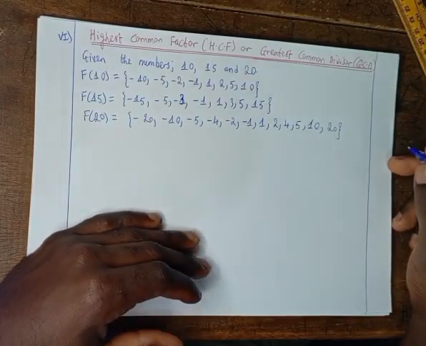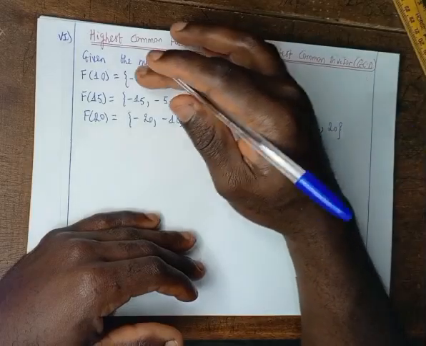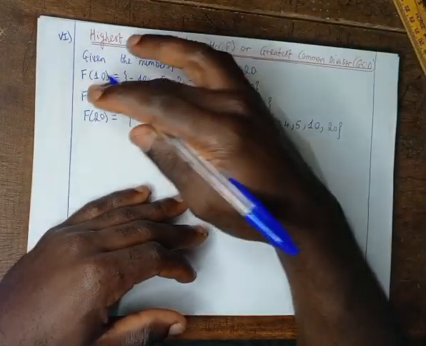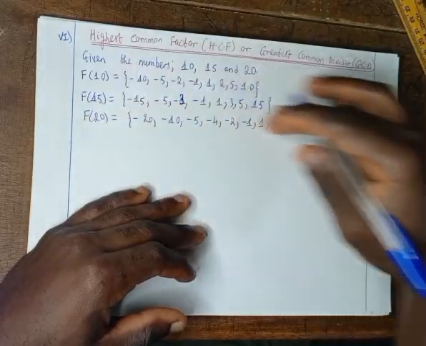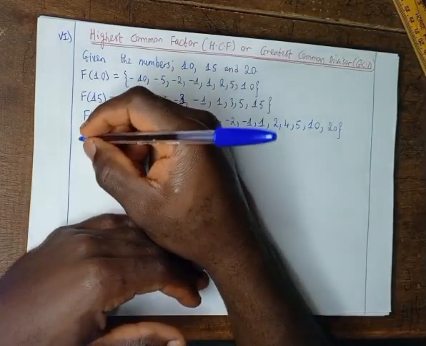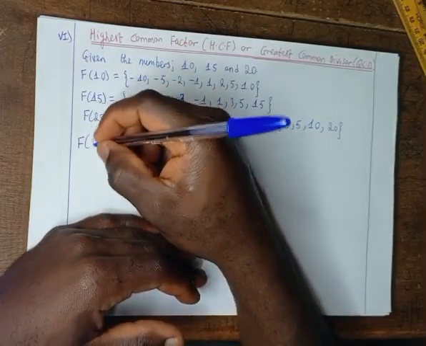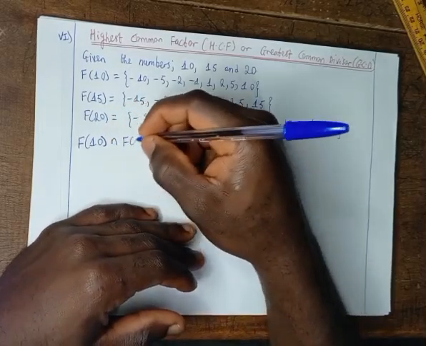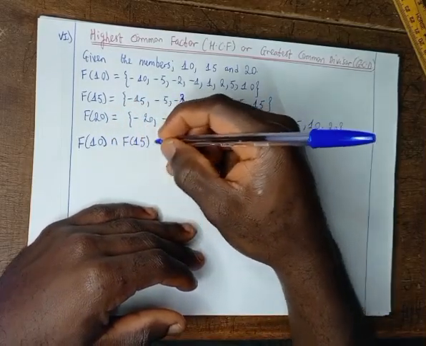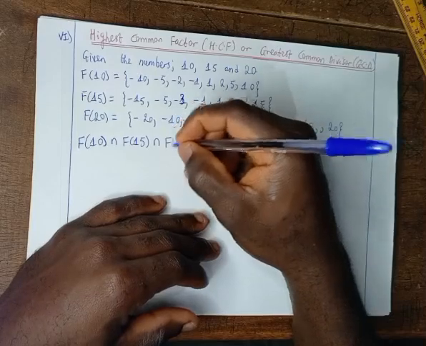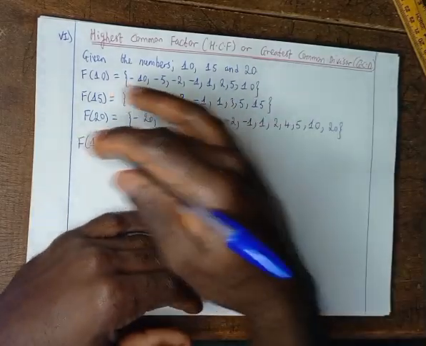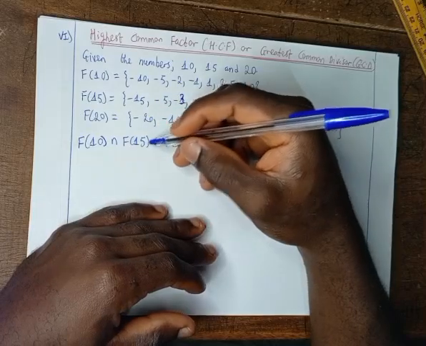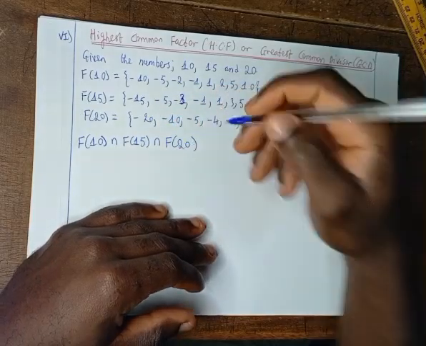Now we are going to write down the common factors, that is the factors we see in the set of factors of 10, the set of factors of 15, and the set of factors of 20. The set of common factors of 10 and 15 and 20, this is how we denote it: F of 10 intersection F of 15 intersection F of 20.